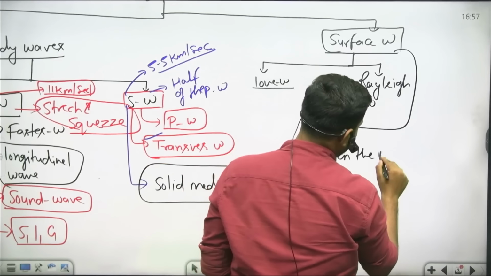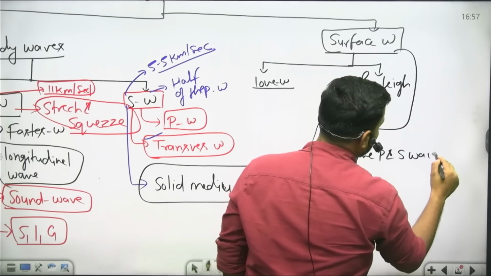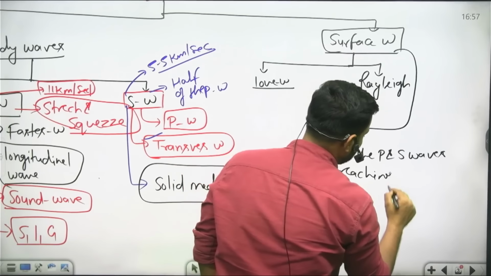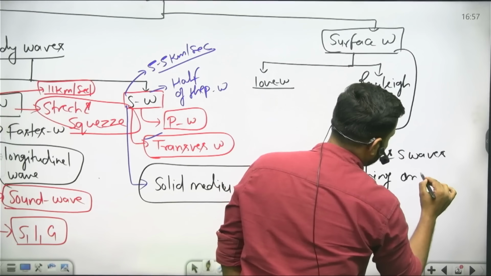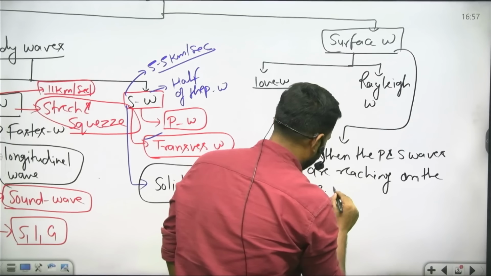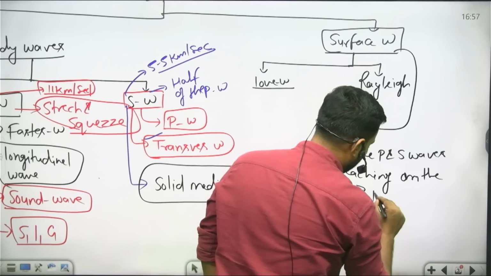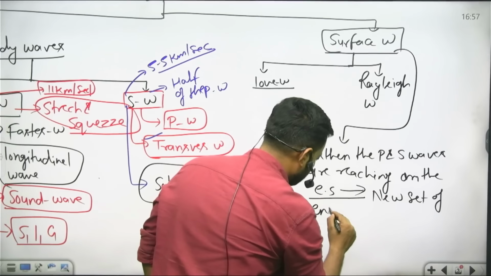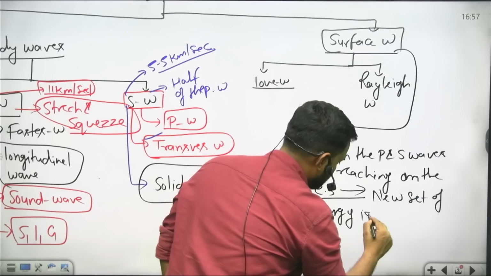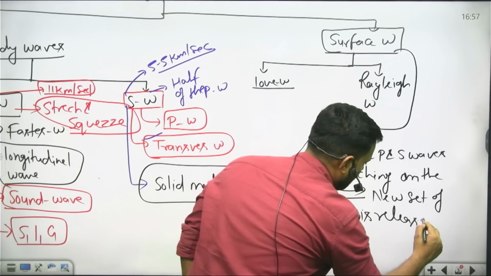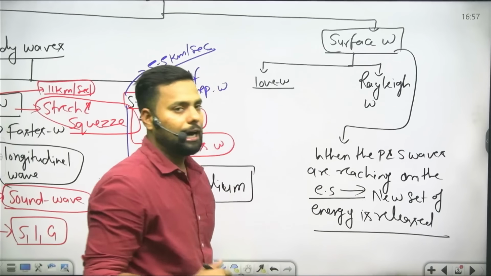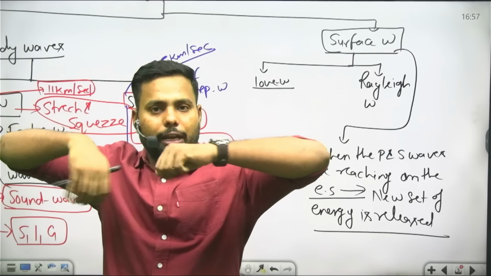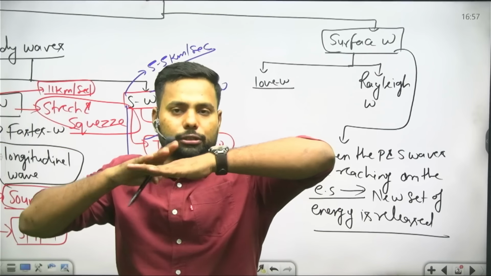the P and S waves are reaching the earth surface, a new set of energy is released, and this new set of energy, after the thrusting of P and S waves, the vibration which is released over the earth surface is known as the surface wave.